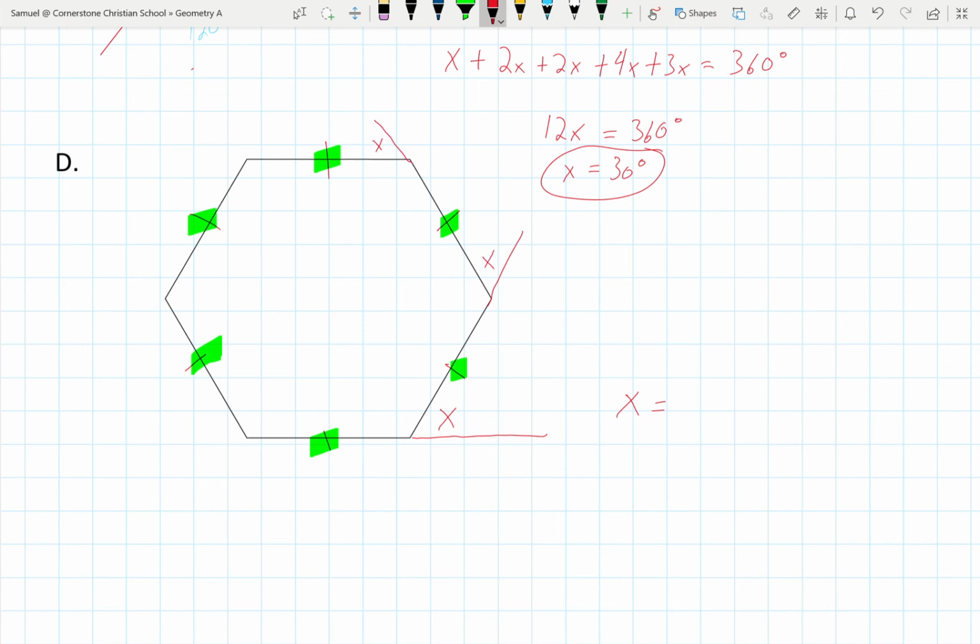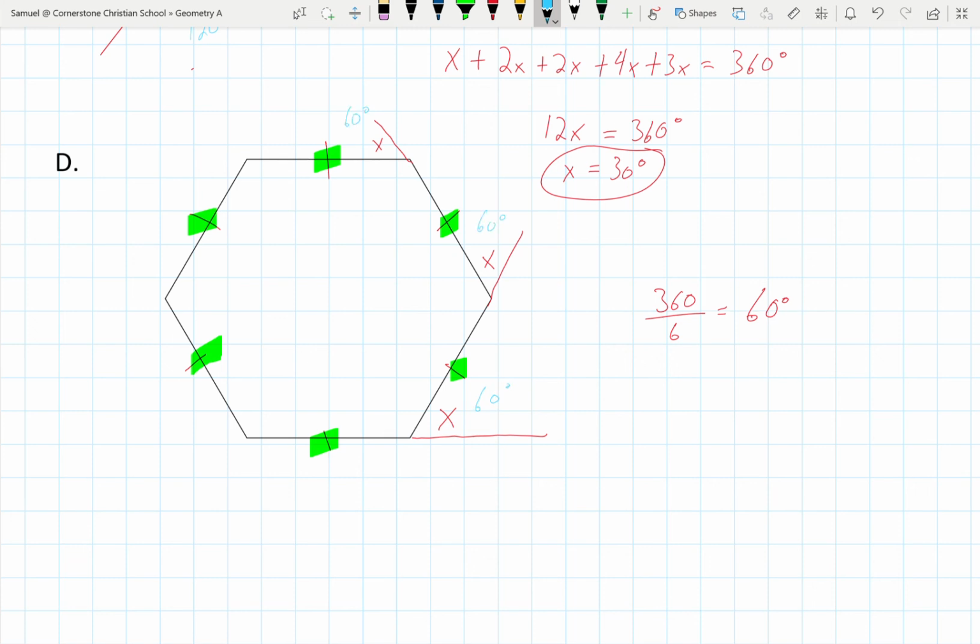If I wanted to figure out what x was, I'm going to take 360 divided by the number of sides. And so 360 divided by 6 is going to give me 60 degrees. Every single one of these exterior angles here is going to be 60 degrees, and there are 3 more that I didn't draw.